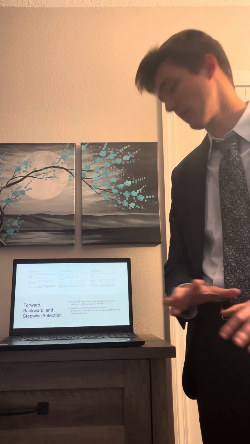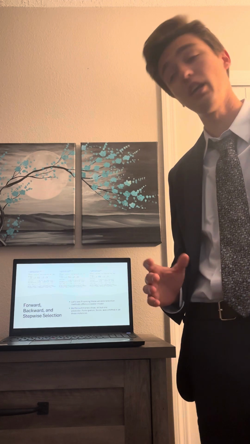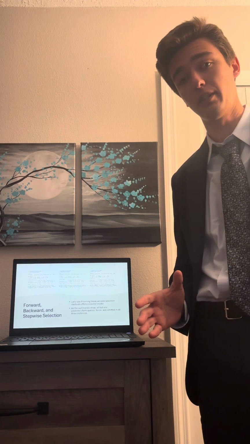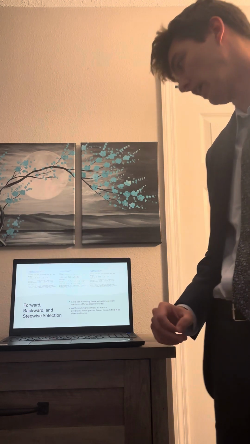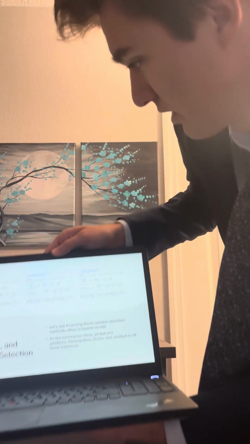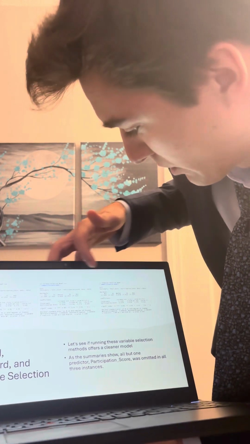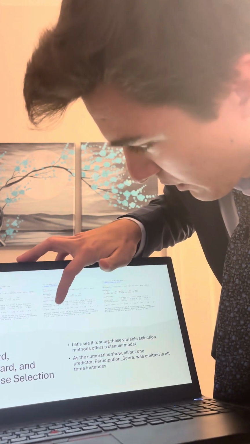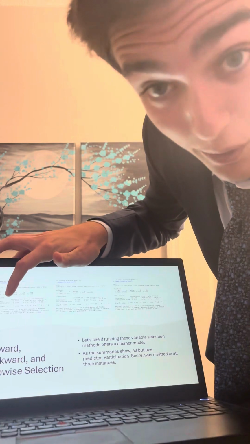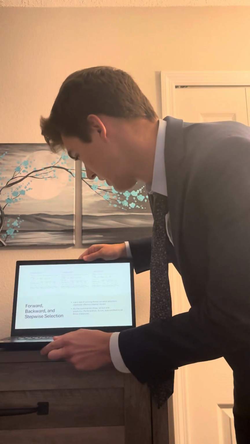Moving on from that, I asked R to run forward, backward, and stepwise selection to see how many variables it would end up keeping out of the 23. And well, you can't see very well on the top, but with backwards, forwards, and stepwise, they all omitted all but one variable, and that's participation score.